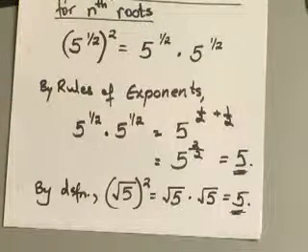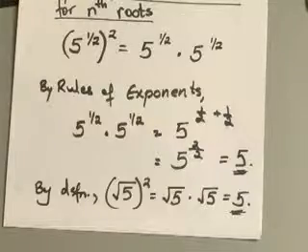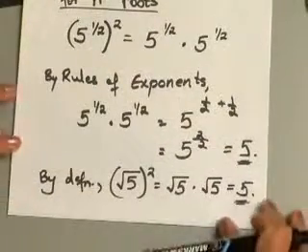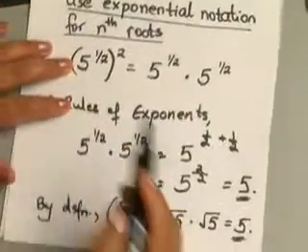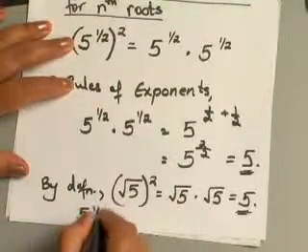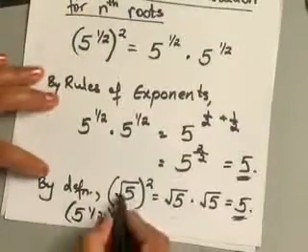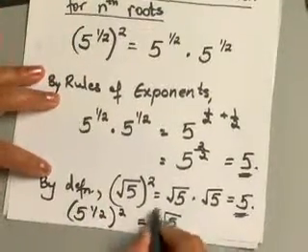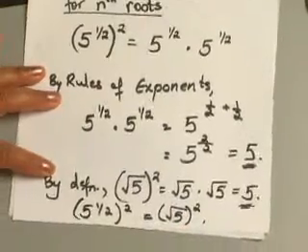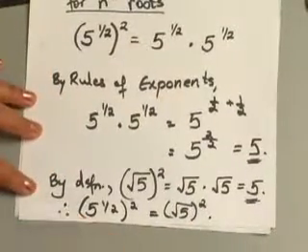So what that means is basically that this expression, 5 to the 1/2 squared, is equal to this expression, which is square root of 5 to the 2nd power.